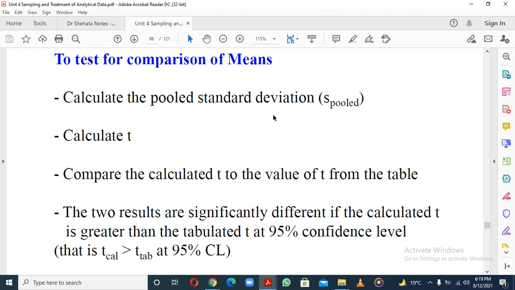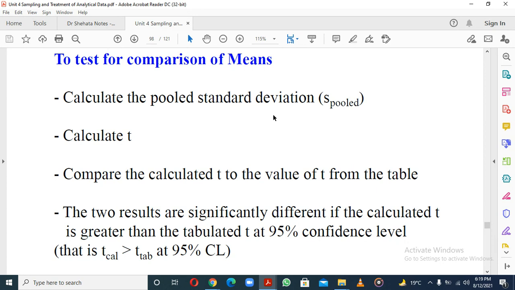Because the tutorial sheet that I'm looking at is April 2021, and it says Chemistry 1000 Introductory Chemistry for Medical and Health Sciences, Tutorial Sheet 4, Sampling and Treatment of Analytical Data. Yes, it's there. Just try to check your course outline properly. It's there.